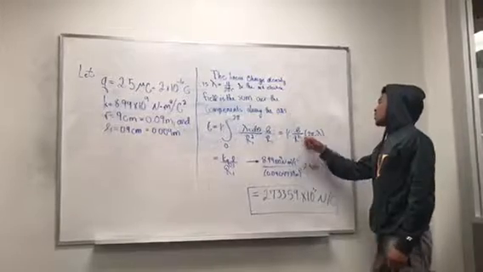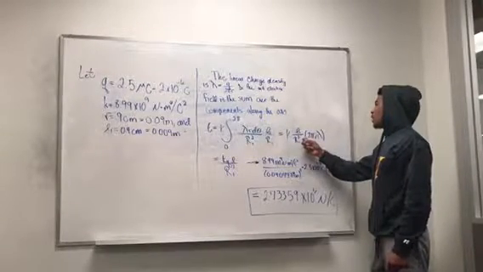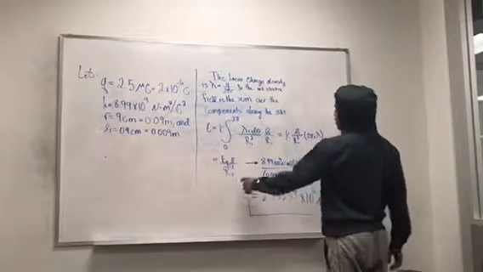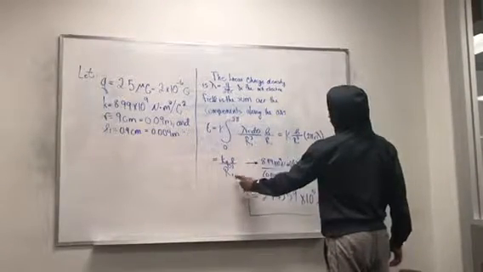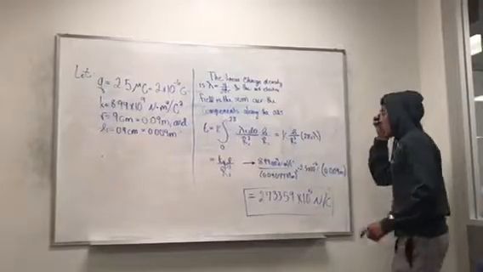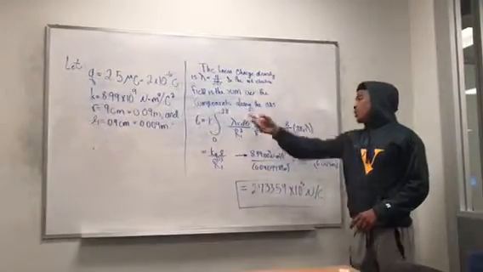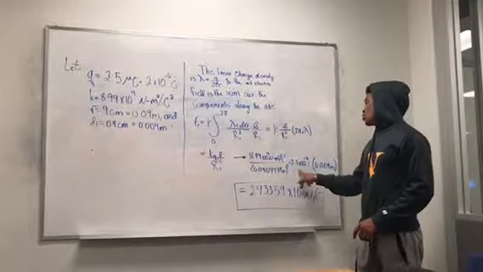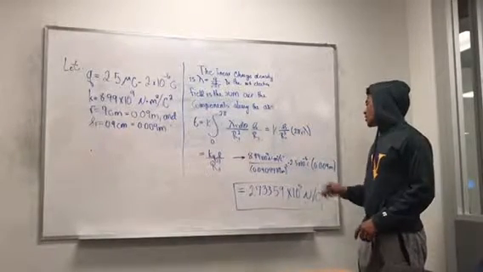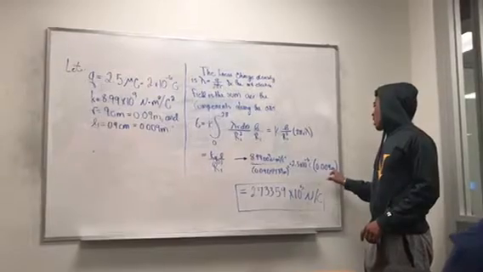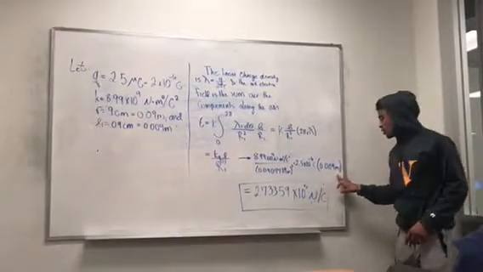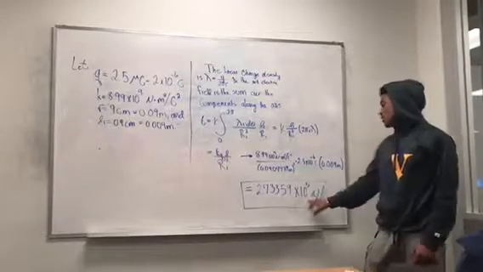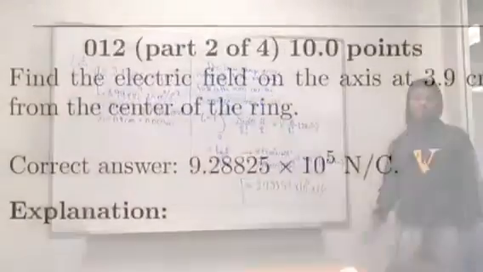That's going to equal K times L1 over R1 cubed times 2 pi r lambda, which is also going to equal K times Q times L over R1 cubed. So then after that, you're going to plug in your components, 2.5 times 10 to the negative 6 coulombs times 0.009 meters, which is going to be equal to the answer right here, which is 2.73359 times 10 to the 5 newtons per coulomb.